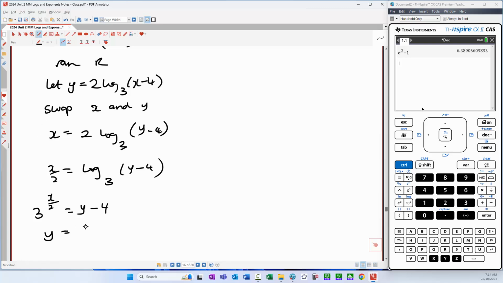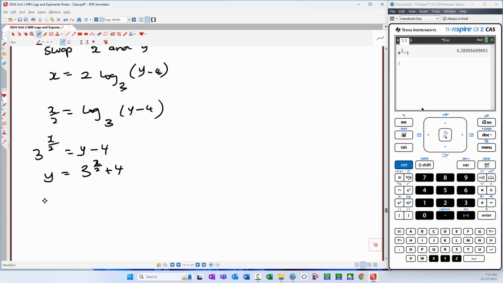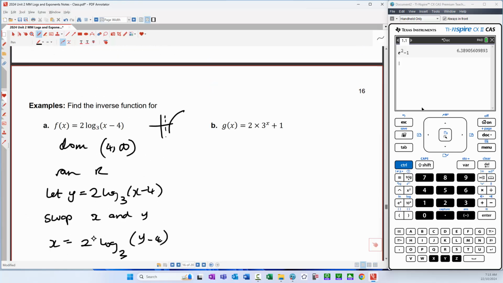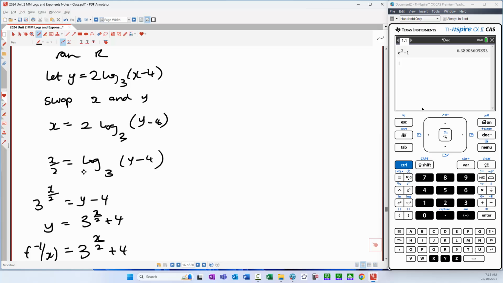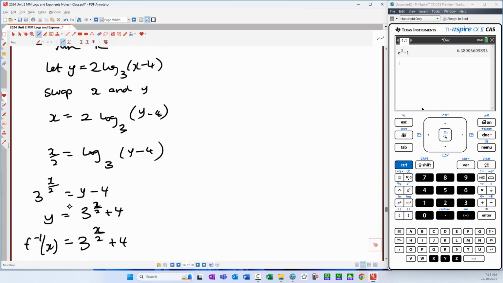Okay, so y equals 3 to the x on 2 plus 4. All right, so our conclusion, f inverse of x equals 3 to the x on 2 plus 4, where x is an element of the reals, and because the range is all reals, the domain of this is going to be all reals.